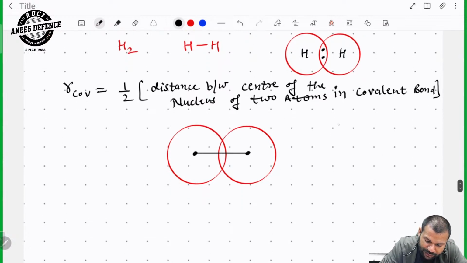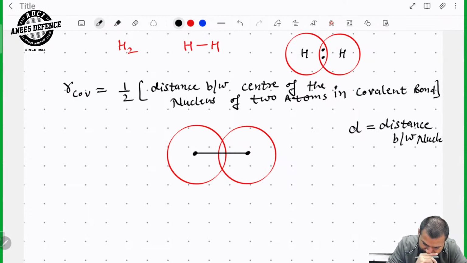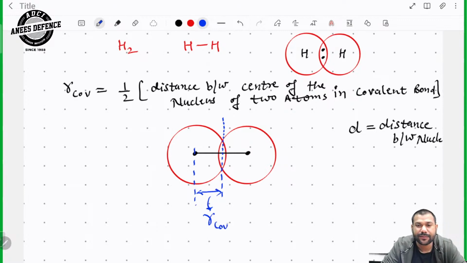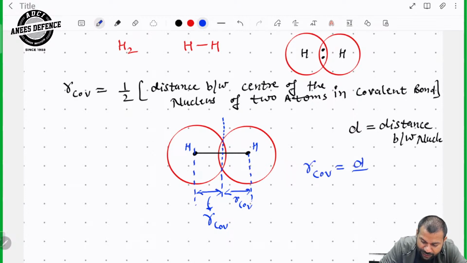This is the distance d between the nuclei, and half of this distance will be somewhere here, right? This half distance is what we call the covalent radius. This is the first hydrogen, this is the second hydrogen. So we can write R covalent equals D divided by 2.